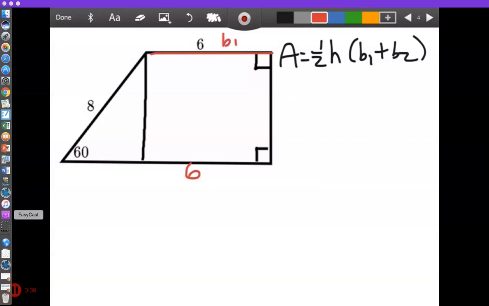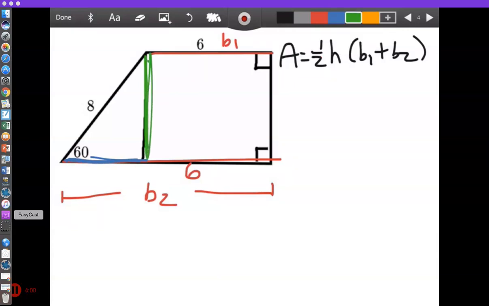But I need all of this to figure out what base 2 is. Base 2 will be this entire distance. Since I don't know what this bottom piece is yet, I don't know what B2 is yet, and I also don't know what H is yet. I have to find H, and I have to find the blue piece here so I can figure out what B2 is.